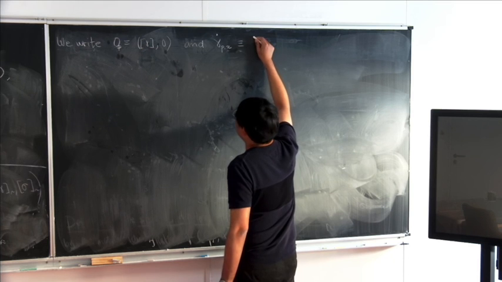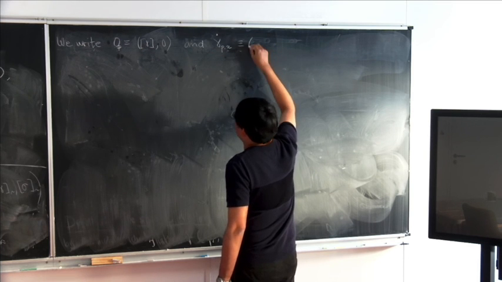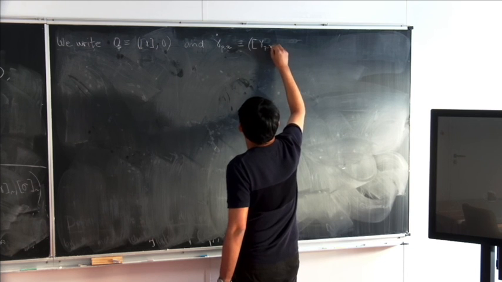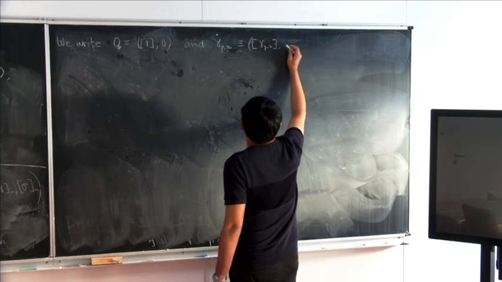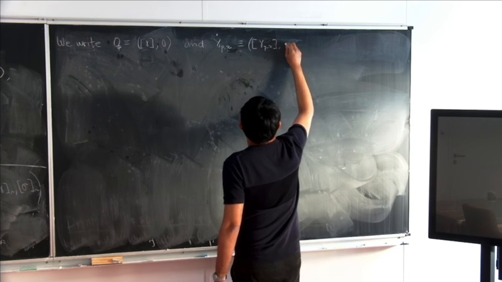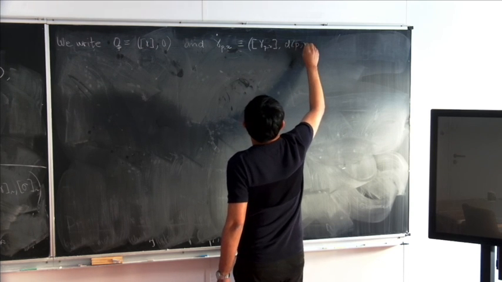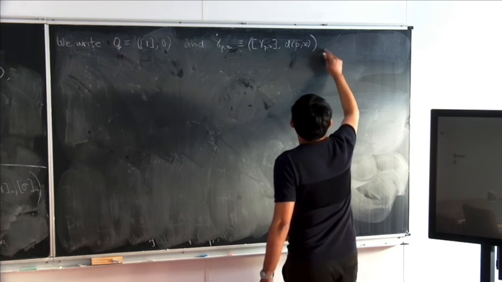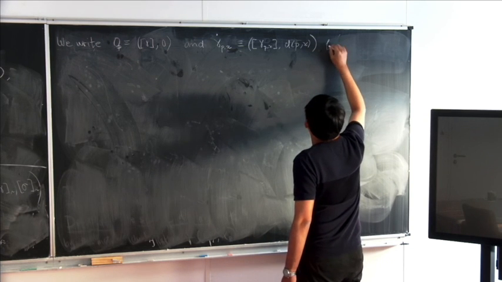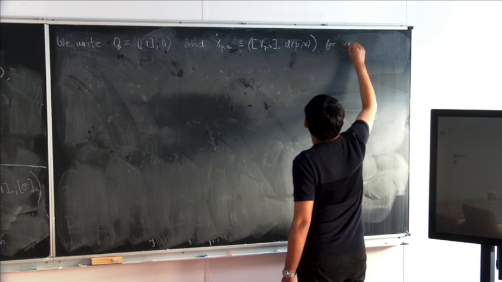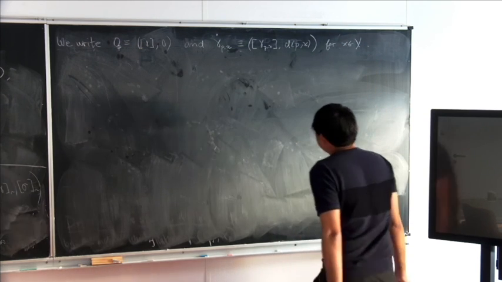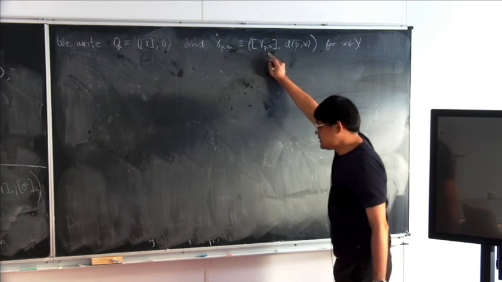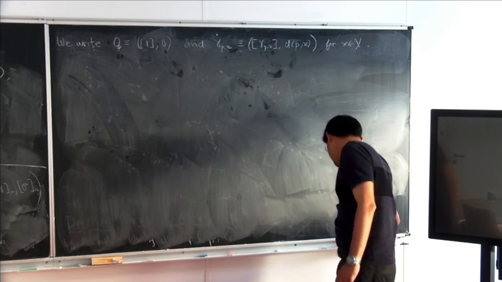It denotes the class given by gamma px and the distance between p and x, for any x inside X. So what is gamma px? Gamma px is the normalized geodesic joining p to x.